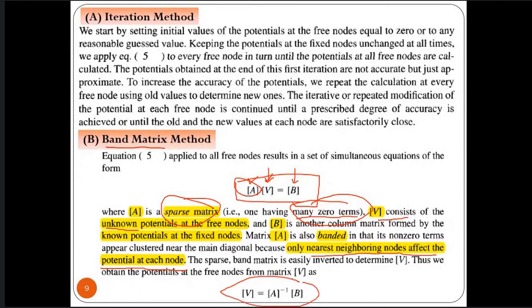So from the previous matrix form, you can find out the unknown potential by these equations, V equal to this one. So these are the two methods you can apply to solve the set of linear algebraic equations that you have got at the end of step 2.